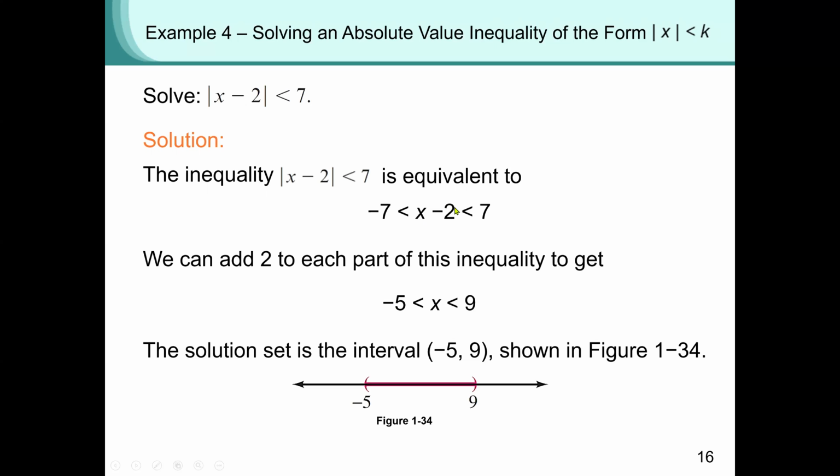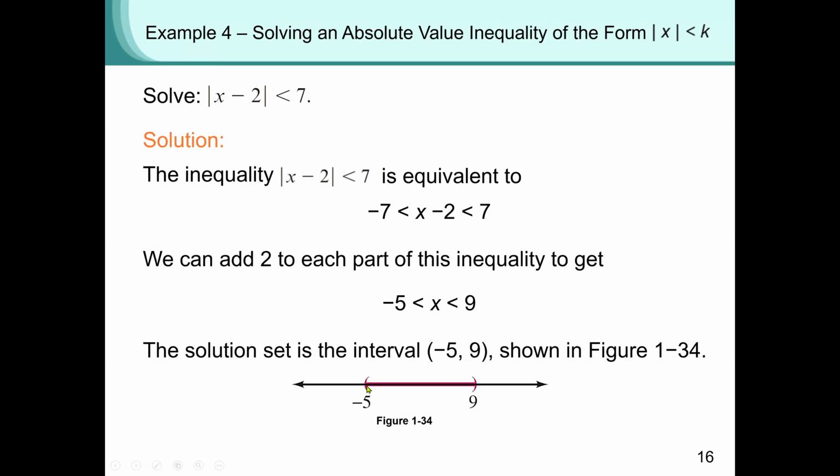Then negative 2 plus 2 will cancel each other, so it will be left with only x. Then here I have 7 and also positive 2, so that will give me 9. So this means my answer is x should be greater than negative 5 and also less than 9.